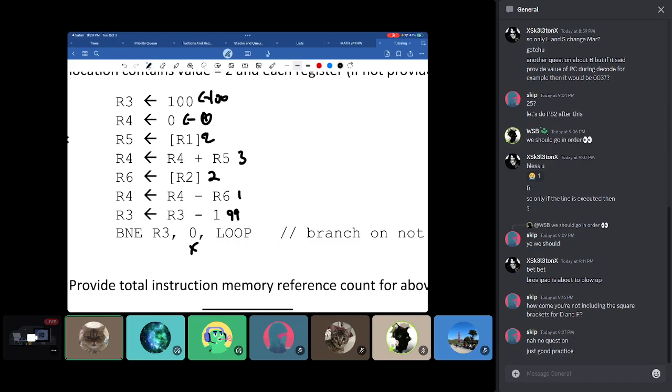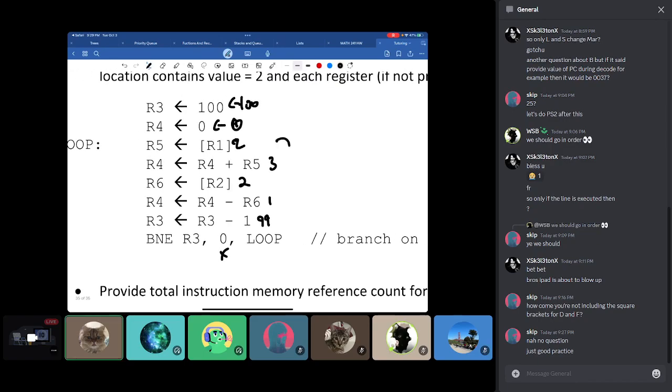So now we realize that everything we just did here was just a bunch of baloney. What really matters is this line right here, where we decrement, and then we're checking at this point here. Wait, branch on not equal.